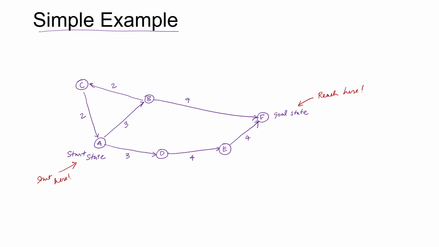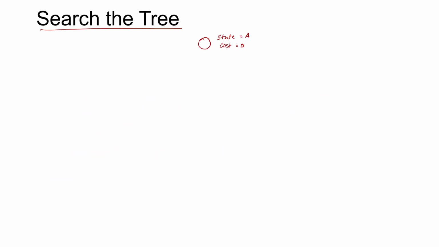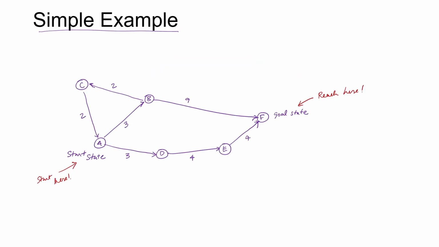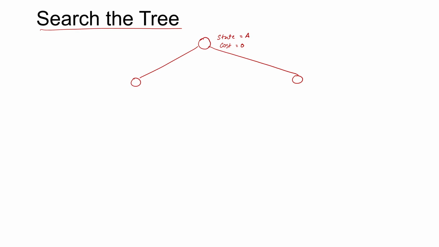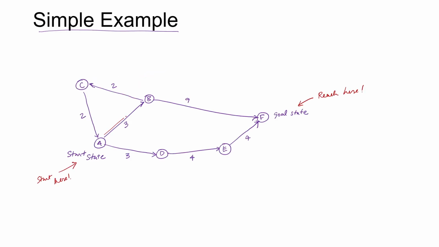From A you can go to only two places, B or D, so your tree will have two branches. One is state B, with cost equal to 3. Where did I get the cost from? It is this edge cost, 3.